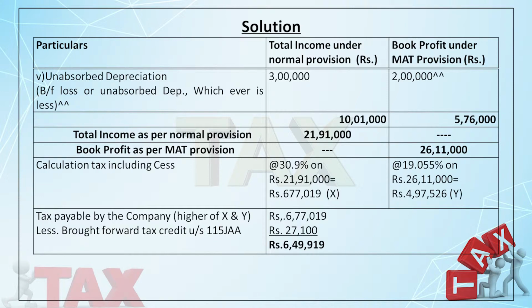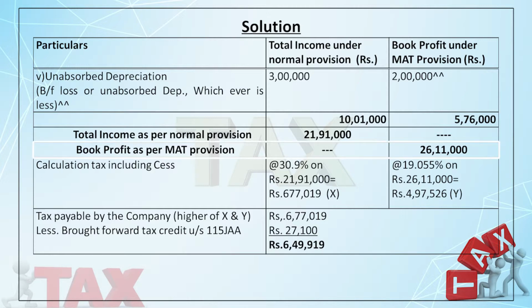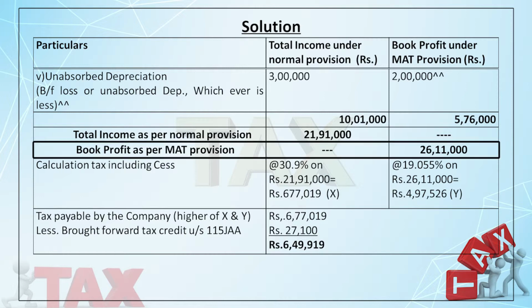But in case of calculation of taxable income under normal provision, we have considered both items, brought forward business loss and unabsorbed depreciation. But in case of calculation of book profit, only the unabsorbed depreciation or brought forward loss, whichever is less, will be deducted. Now, you got the book profit as per MAT provision.